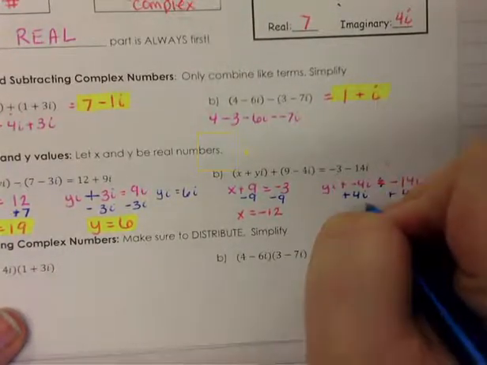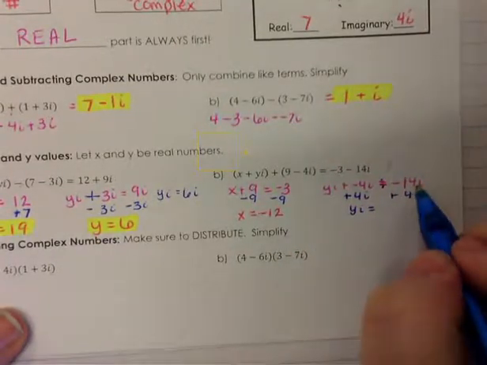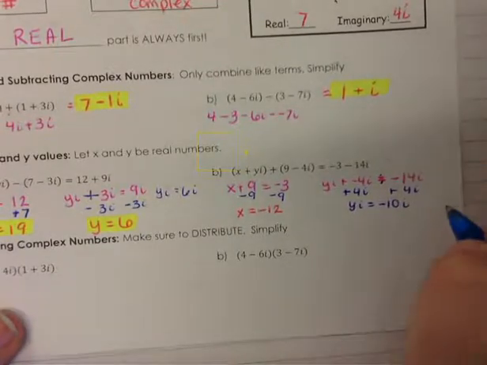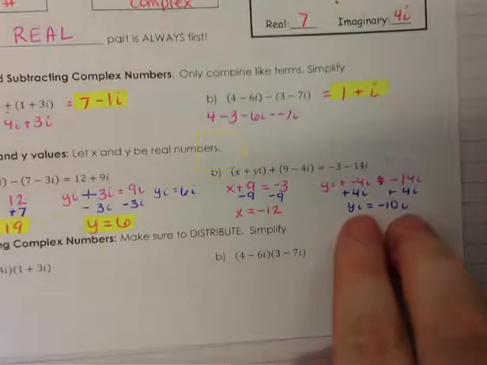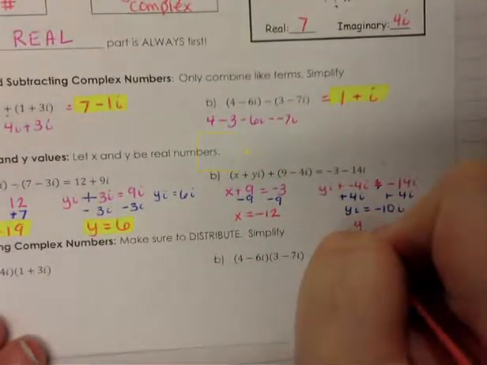And we end up getting yi is equal to negative 14i plus 4i is negative 10i. So again, I only want the y part of it. The i is already there, so y is equal to just negative 10.